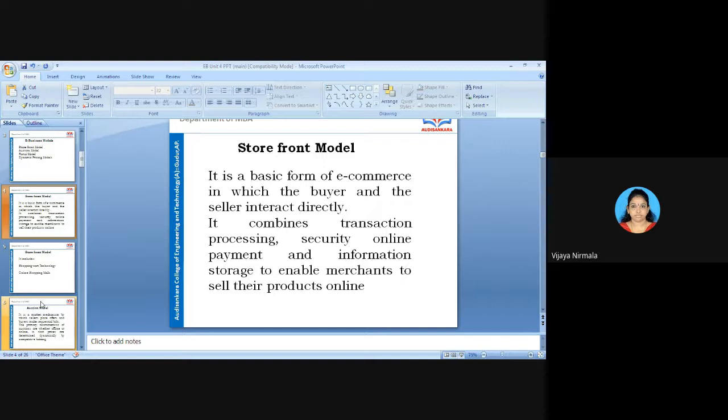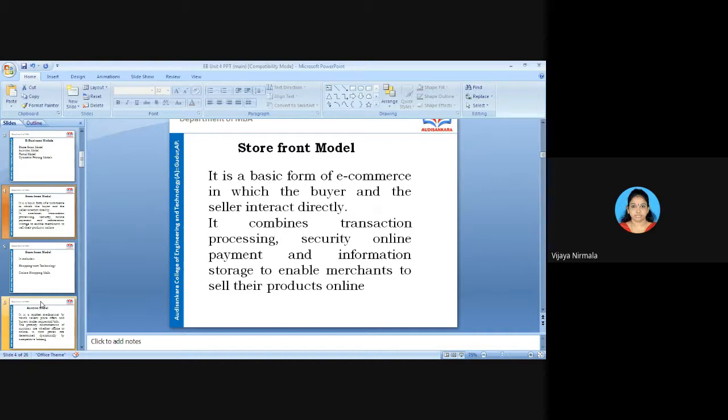Other than that, it combines transaction processing and online payment, and it provides security and also the information storage to enable the merchants to sell their products online.